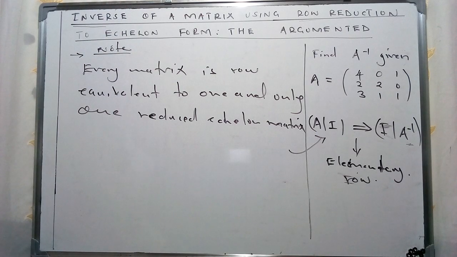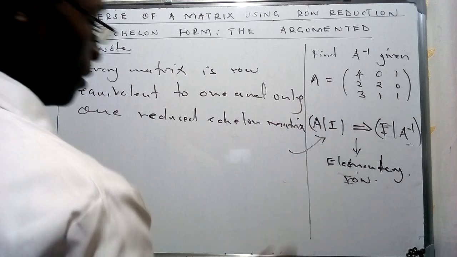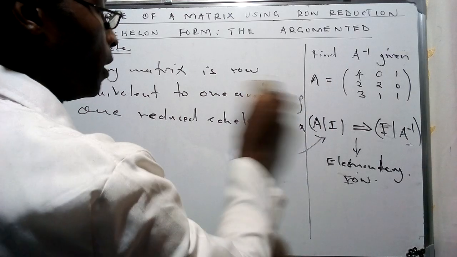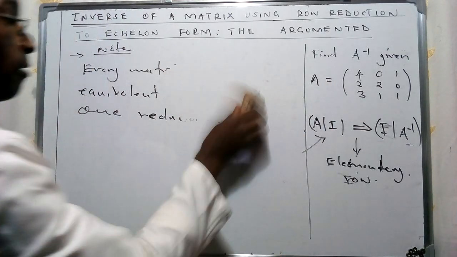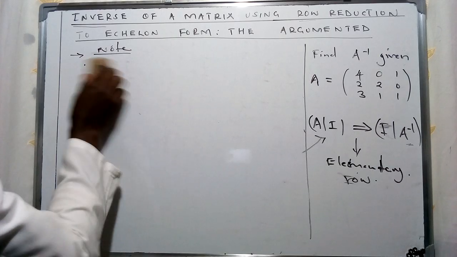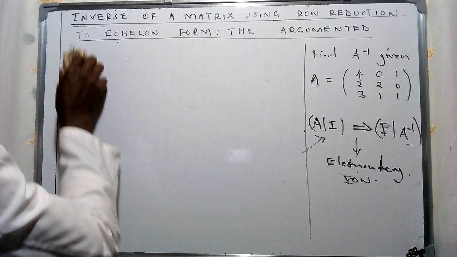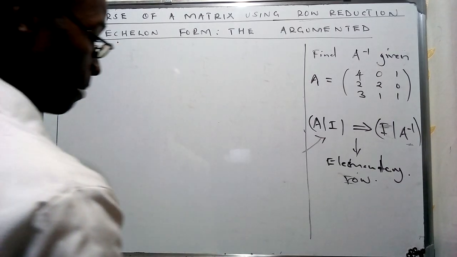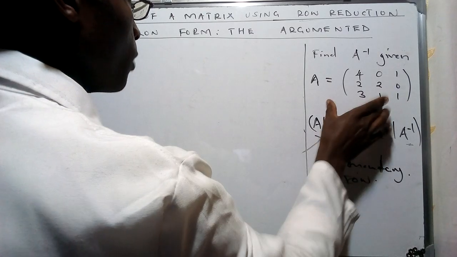And this gives us the argument for us to perform this operation. Now, we are going to consider this particular matrix which I've given for A, and transform it using this augmented form. So I'm going to have a summary of these transformations.